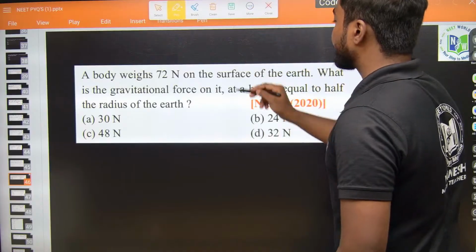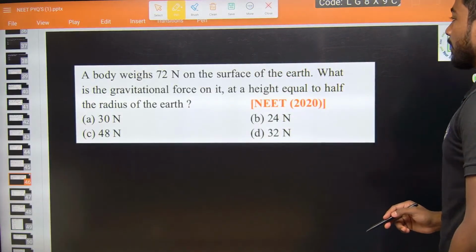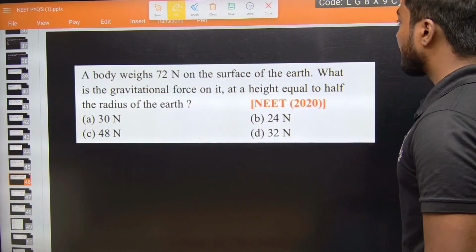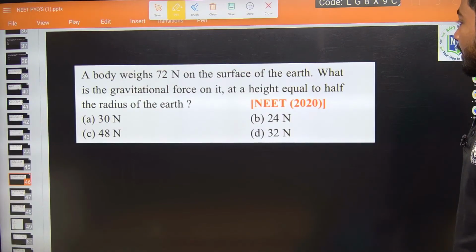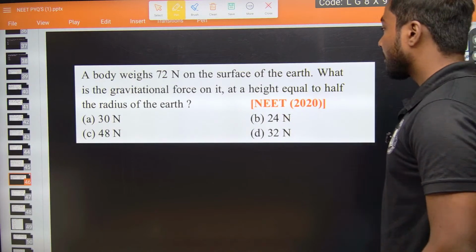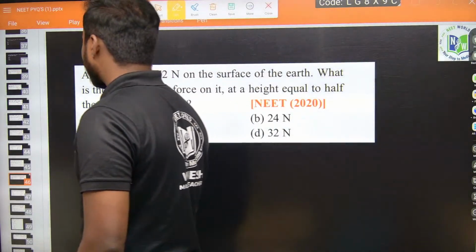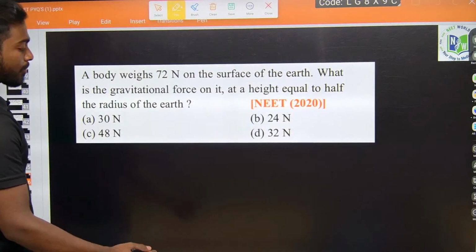So what is the given question here? A body weighs 72 Newton on the surface of the earth. What is the gravitational force on it at a height equal to half the radius of the earth? Okay, half the radius of the earth. So what is the formula I can use?